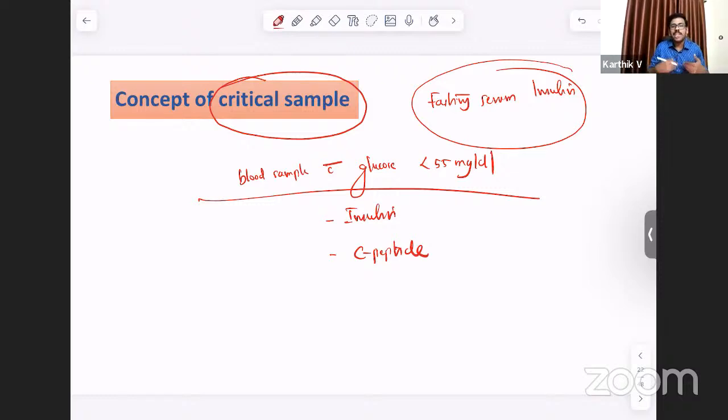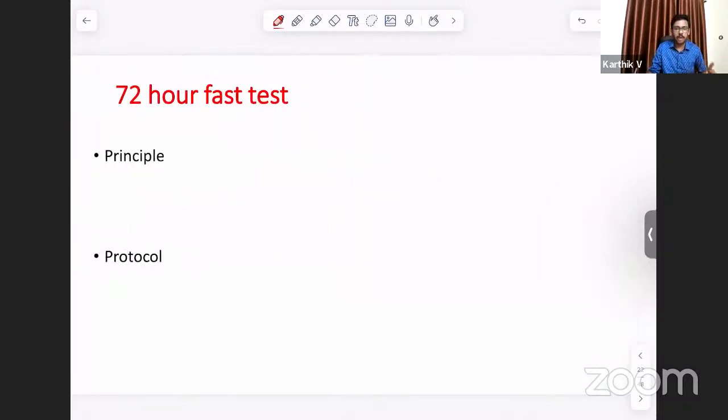So how can we make sure that you are able to collect a blood sample at that point of hypoglycemia? That is what we call the 72-hour fast. I can add some adjectives like supervised, very important.